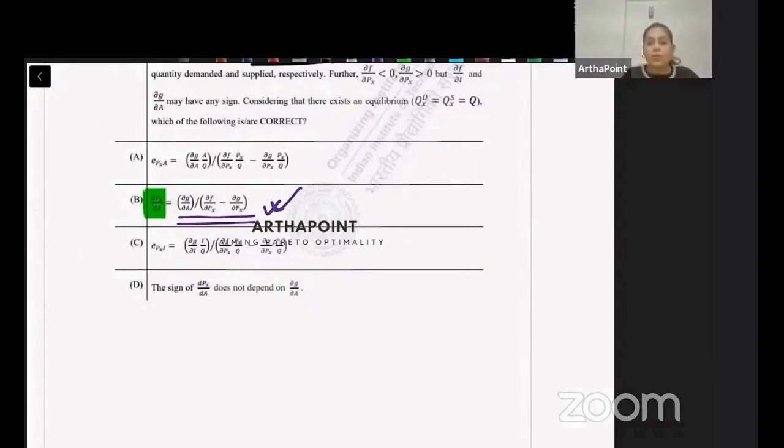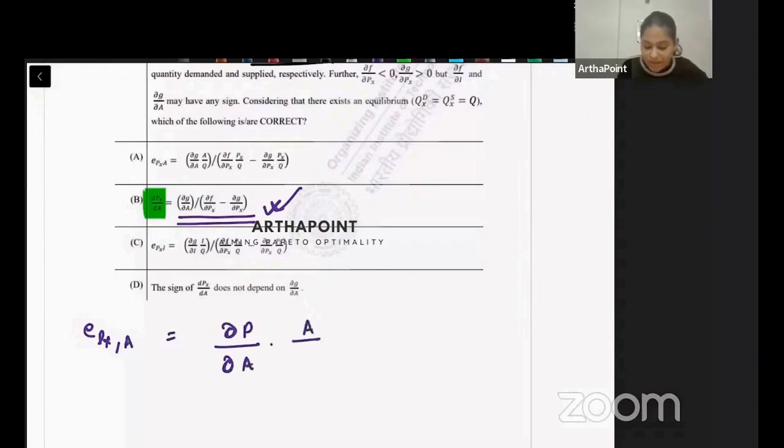Now, once I have found out how to solve this, can I find the elasticities? I can. Elasticity is very easy to find from here. Let's put down the formula of elasticity. The elasticity of Px with respect to A will be how P changes as A changes times A by Px.